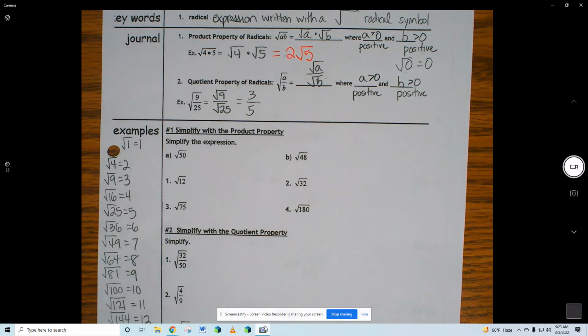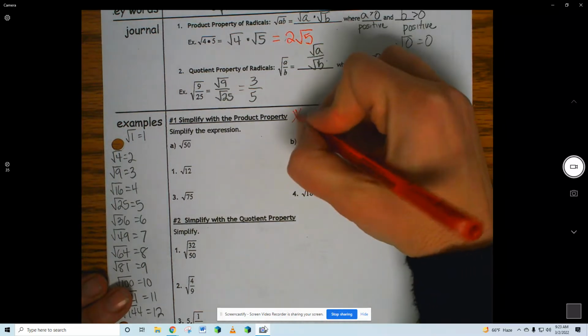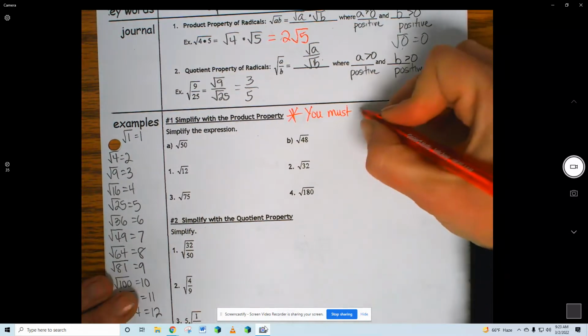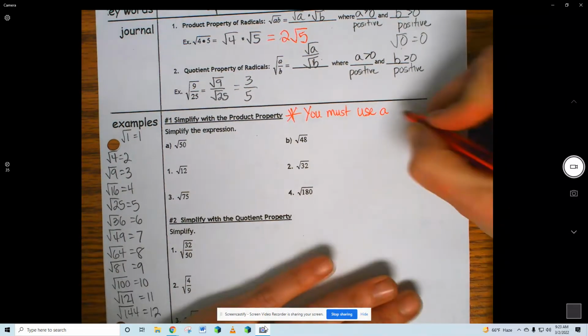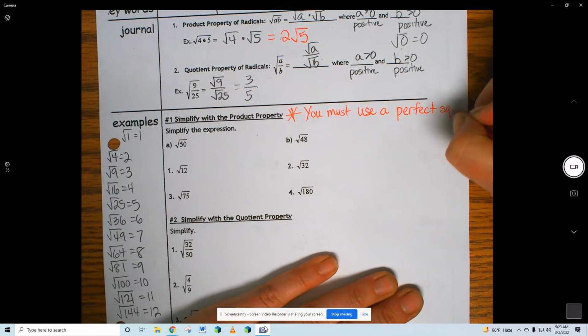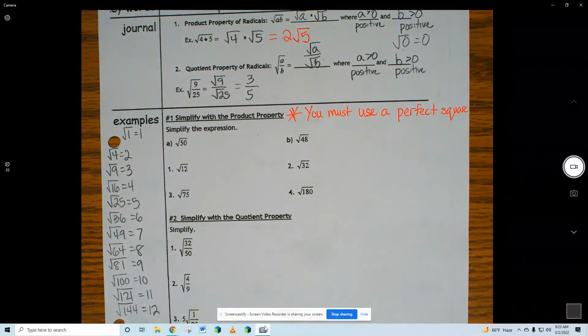Okay, 50. You guys, you must think of a perfect square. So when I say, you guys, what makes 50? I do not want you to say 10 times 5. That's not okay with me. 10 times 5 is not okay because 10 is not a perfect square and 5 is not a perfect square.